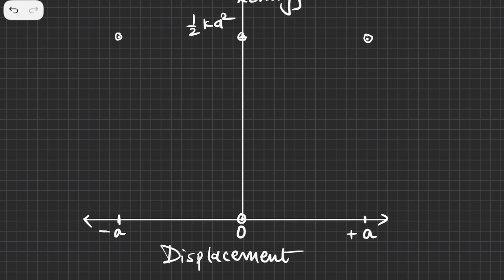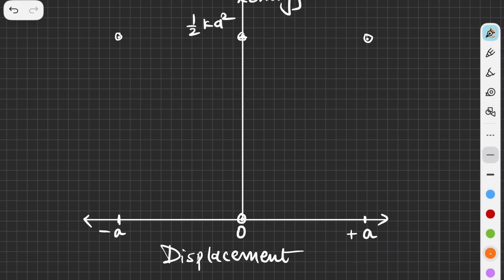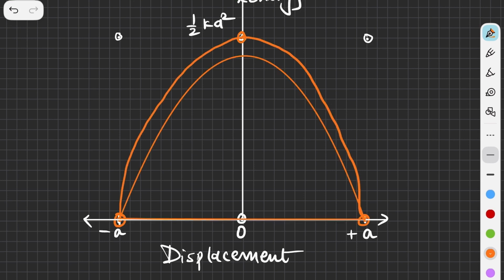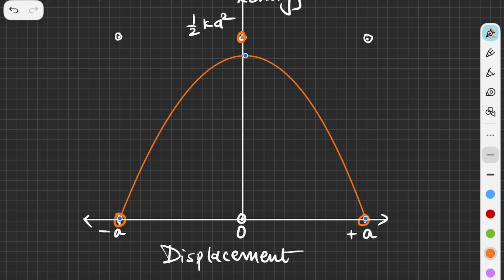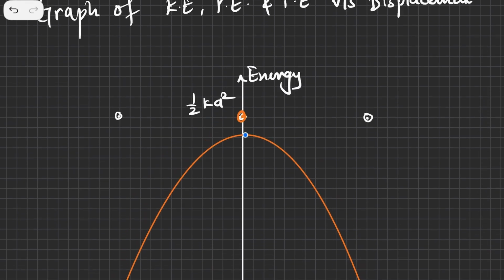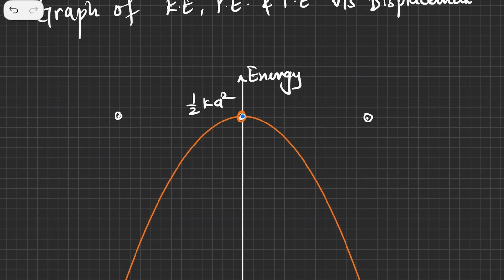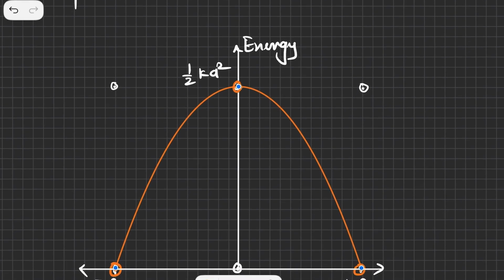If you plot the points, I would get somewhat like this. The first point is here, second point is here, and third point is here. So if I plot a graph, I would get somewhat like this. I'll just move it. Okay, so this becomes my kinetic energy graph.